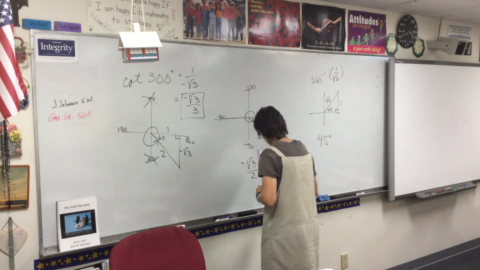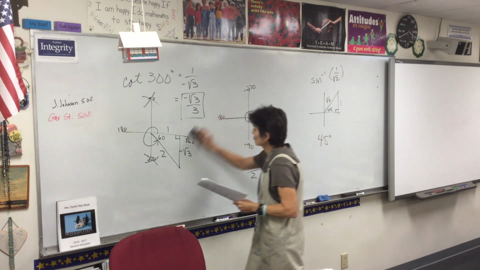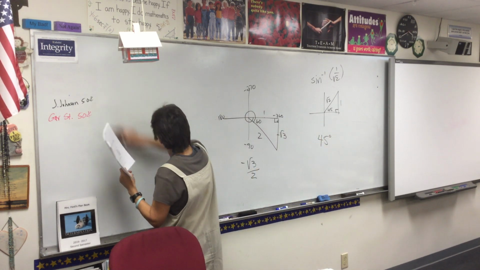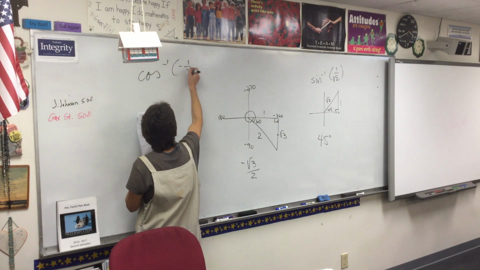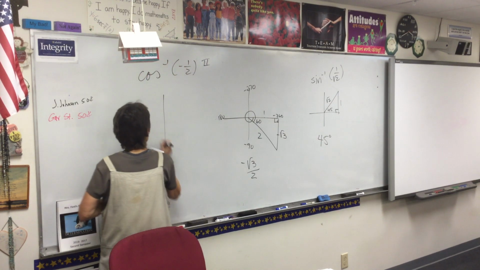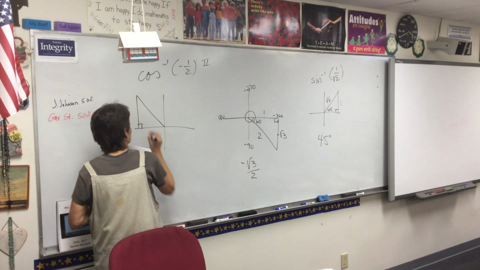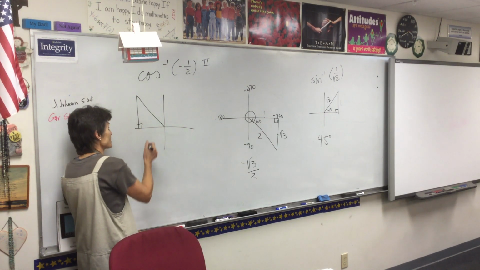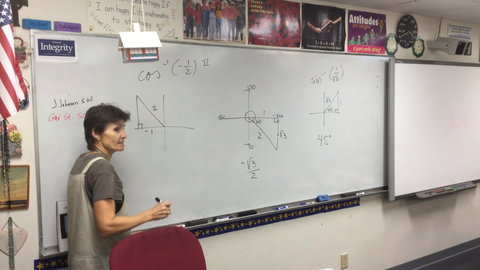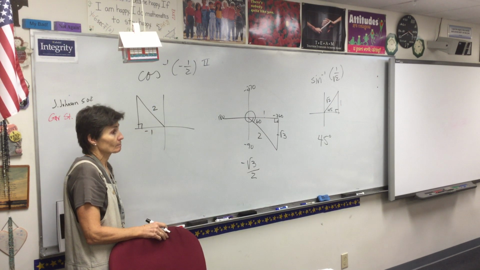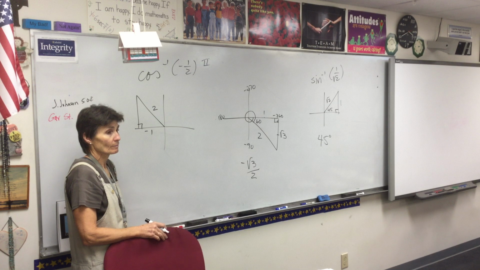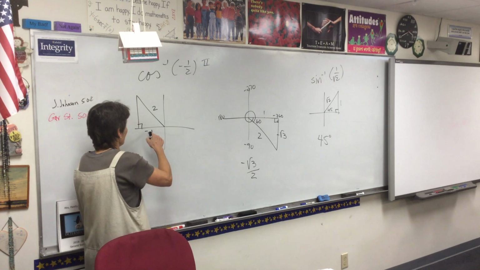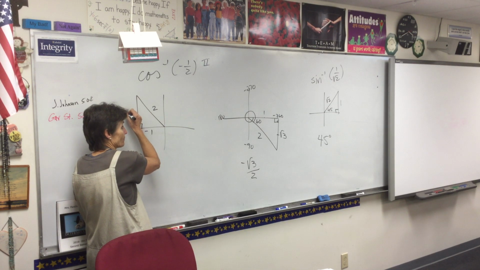Now, the next one, I'm going to tell you to draw it in quadrant 2. And you're drawing it so that the cosine is negative 1/2. Adjacent over hypotenuse. 1 and 2, what's this side?